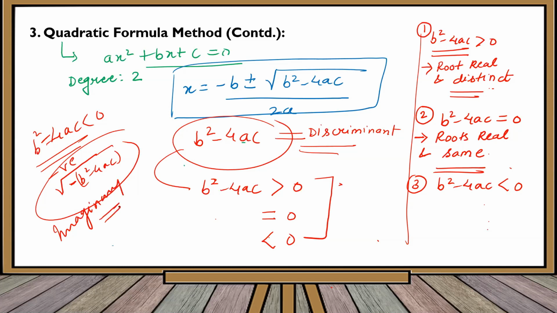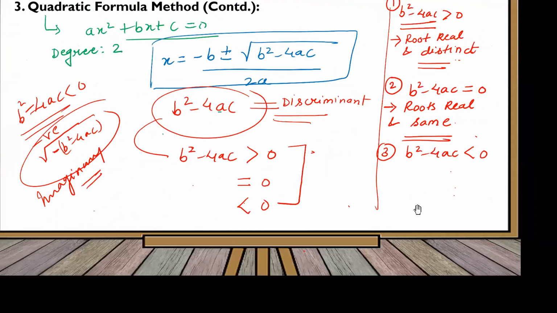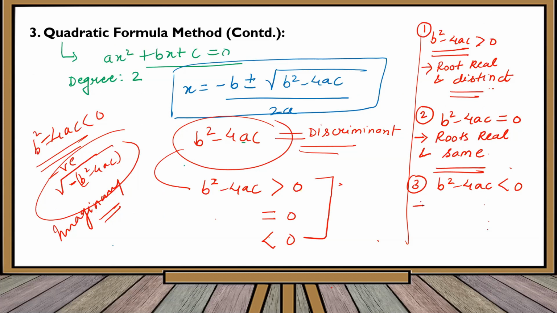It is not a real number, so we just need to discard it. That means we can say that the given quadratic equation does not have real roots. So if b square minus 4ac is less than 0, simply say that the given quadratic equation has no real roots. Got that? Let us do some examples on this.